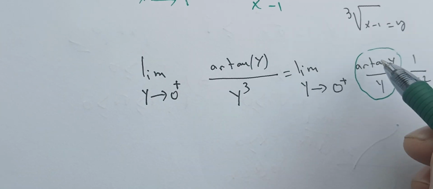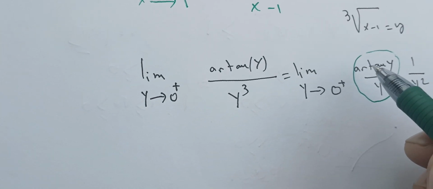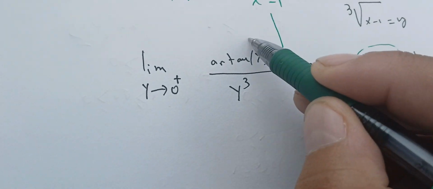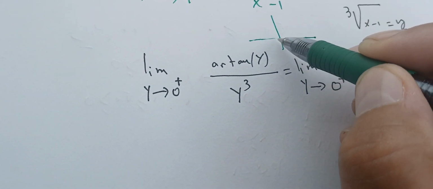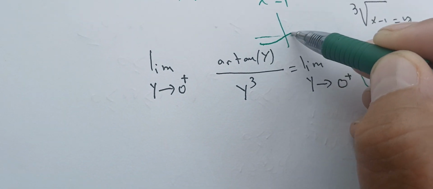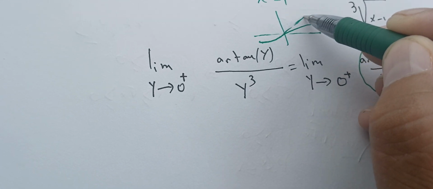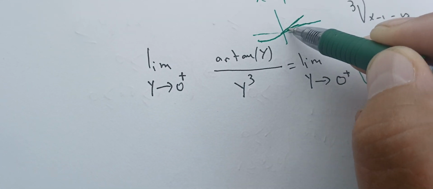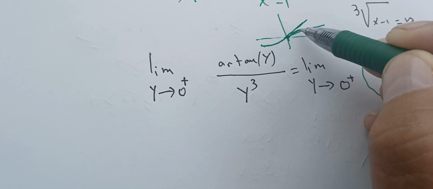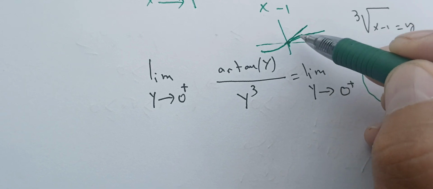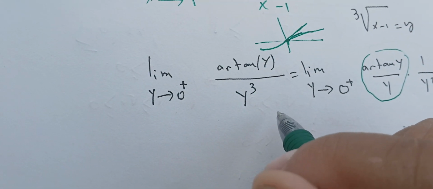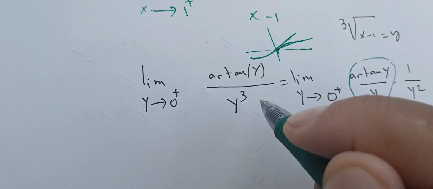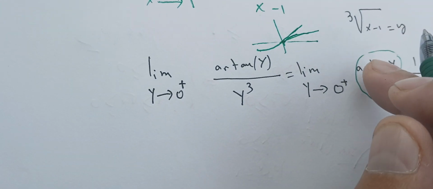We can prove it by changing the variable again, or we can remember the graph of the arctangent. Look here, both functions, the arctangent and y: when we are close to 0, they look the same. So this is one way of convincing you that this limit is 1.